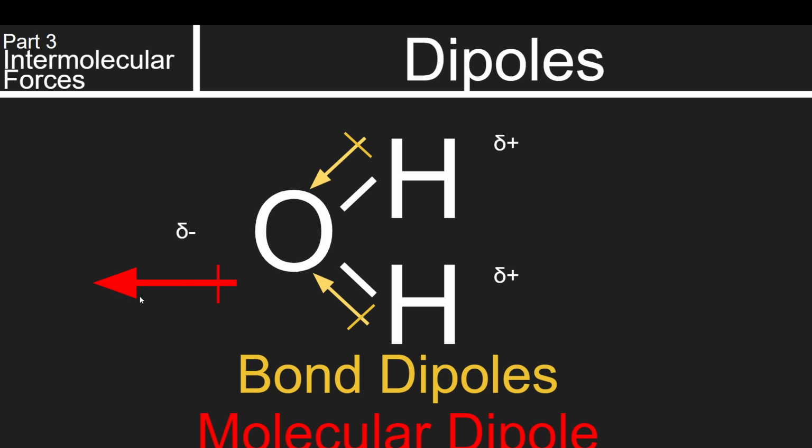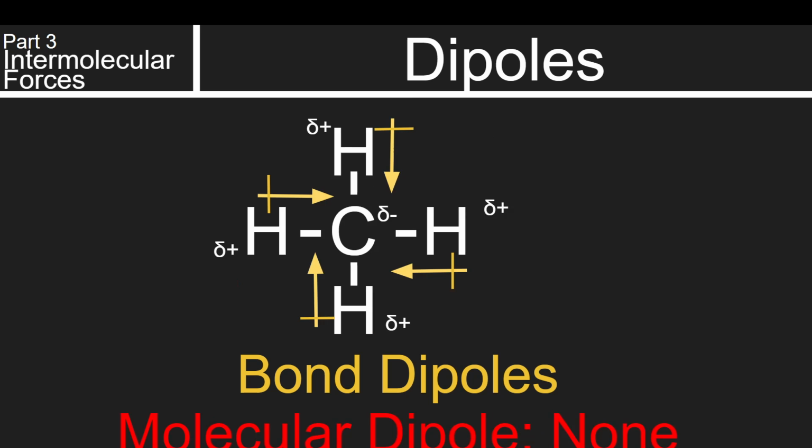I hope that makes sense. And that reflects what we saw earlier, because the positives are on the right, the negatives on the left. So overall, you're going to have a positive right side and a negative left side on the molecular dipole. So yes, the molecular dipole represents the overall polarity of a molecule. Remember, water was polar covalent, and that's why there's a molecular dipole in that direction.